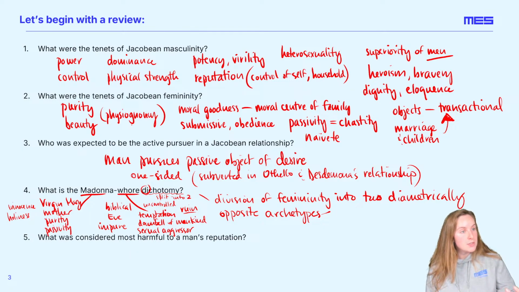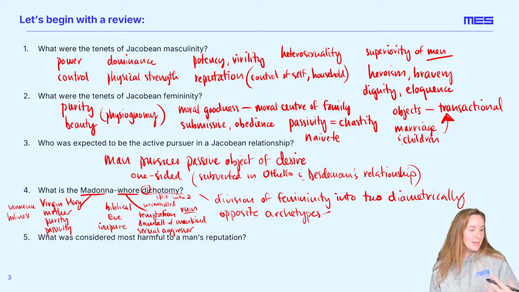And then when she's destroyed, when she's killed by Othello, she's brought back to this idea of being a Madonna again, because she is proved innocent. So this idea of her being pure and perfect again, this pearl richer than all his tribe.